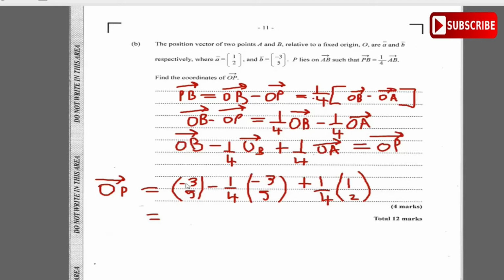Okay, let me see. Simplifying this, the x coordinate is just going to be minus 3, minus a quarter times minus 3 is plus 3/4. Then a quarter times 1 is plus a quarter.